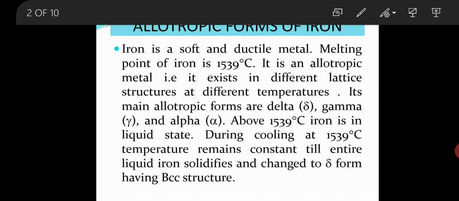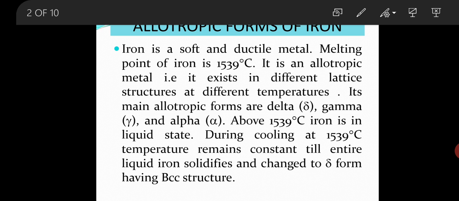The melting point of iron is 1539 degrees centigrade. You all remember these temperatures because in the iron carbon system, these temperatures have a very important role. So remember, the melting point of pure iron is 1539 degrees centigrade.